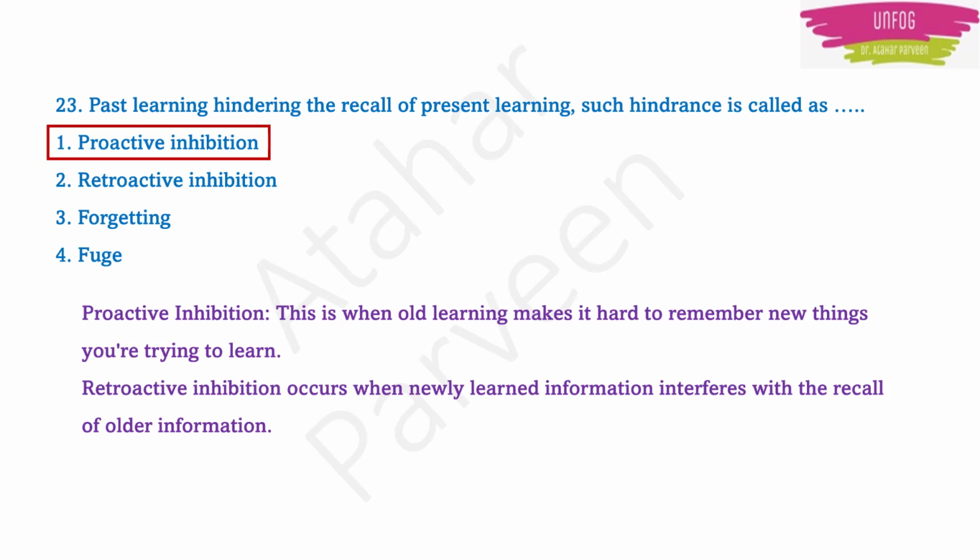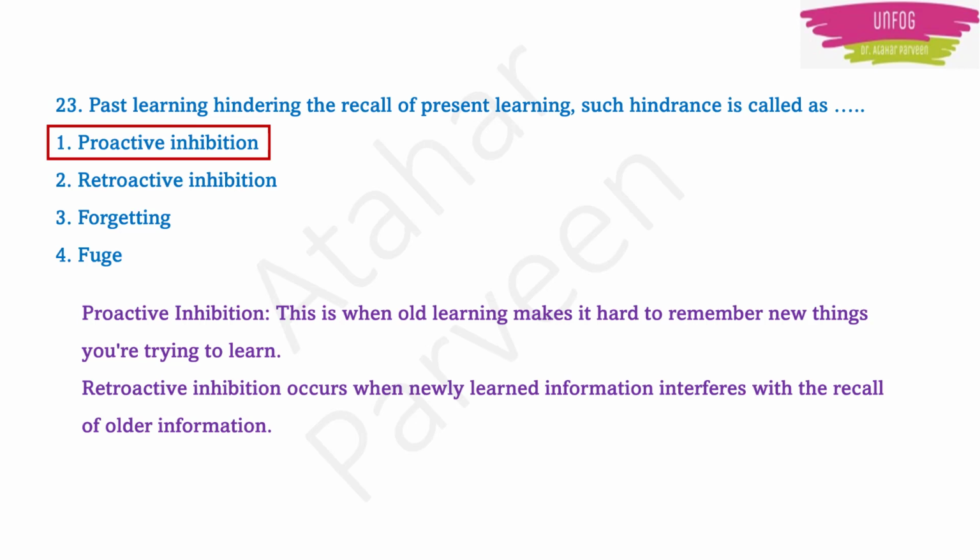Whatever we have learnt earlier, that knowledge is making it tough to remember new things when I am trying to learn them. That type of hindrance or prevention of learning is known as proactive inhibition.